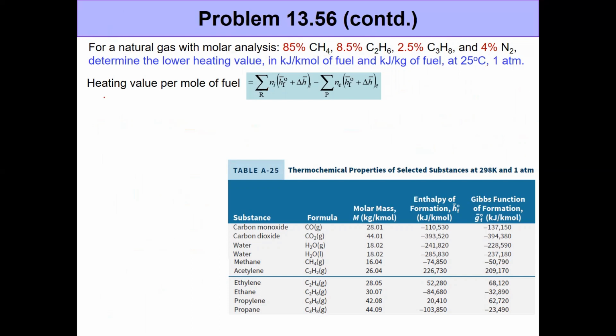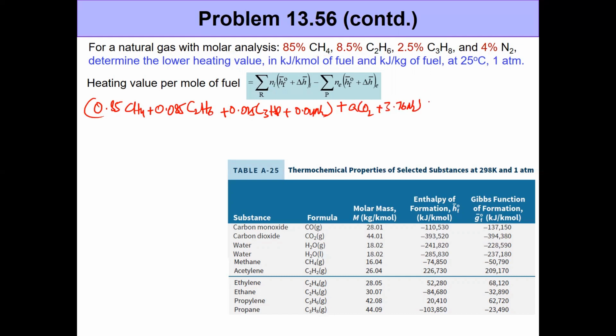So here, when we write the chemical reaction, it's going to be 0.85 CH4 plus 0.085 C2H6 plus 0.025 C3H8 plus 0.04 nitrogen. Okay, this entire thing is just the fuel. Plus A times oxygen plus 3.76 nitrogen.